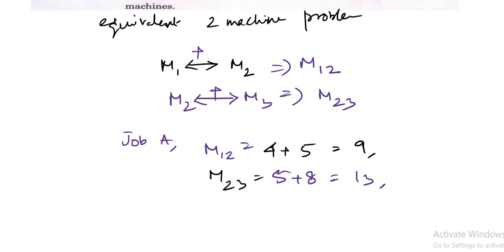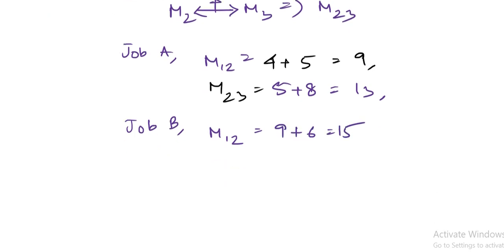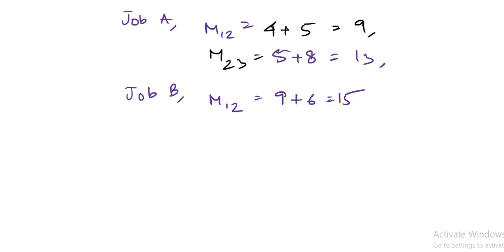In job B, M12 equals 9 plus 6, 15, and M23 is 6 plus 10 equals 16.